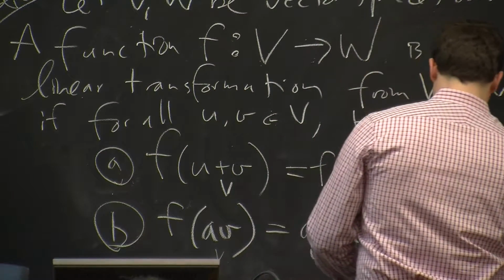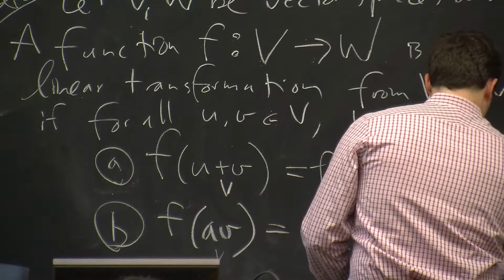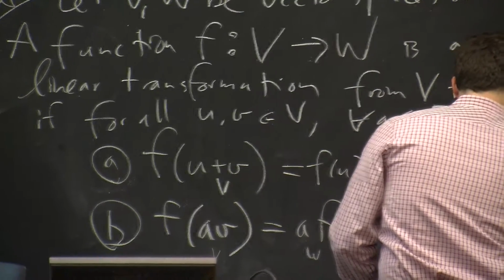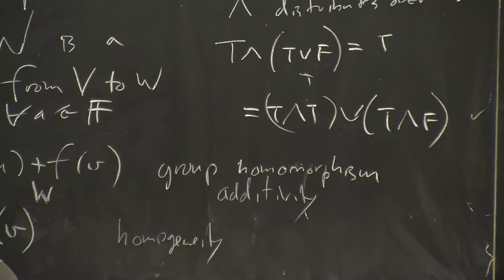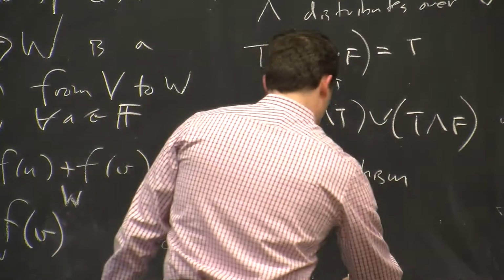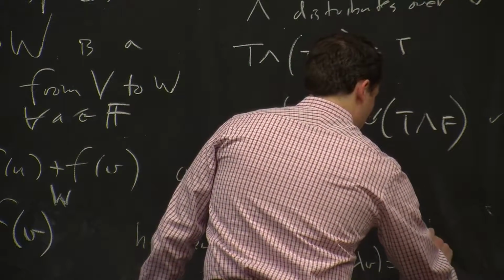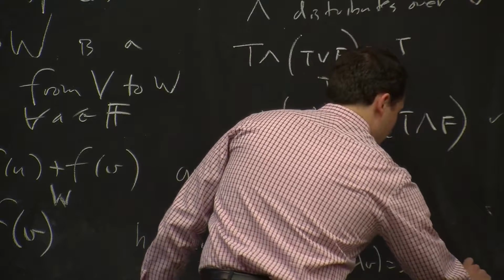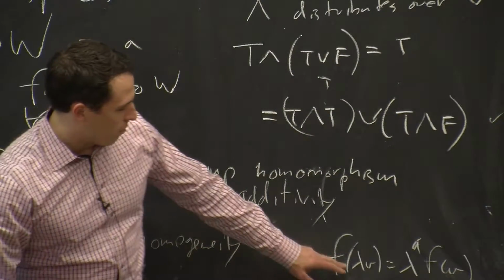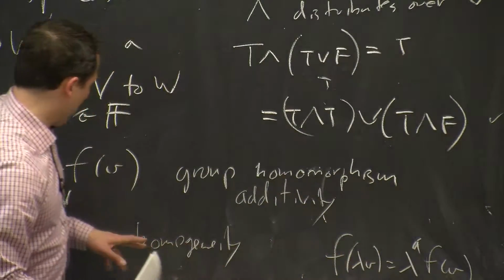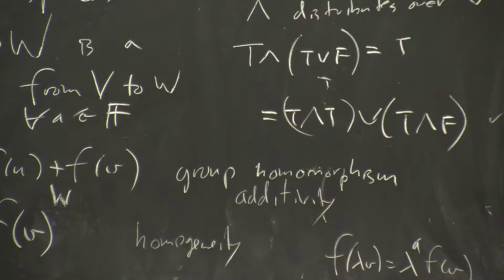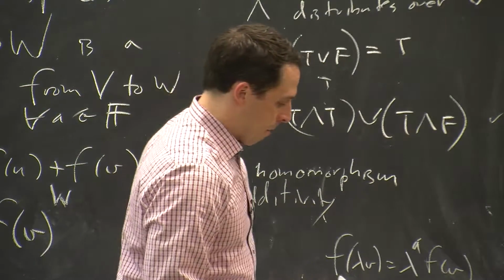And in your book, it's called homogeneity. It's homogeneity of degree. So sometimes people talk about, if f of lambda v equals lambda to the a, f of v, they would say that's a function which is homogeneous of degree a. So we're talking about homogeneous of degree 1. Can pull the scalar multiple through. Doing that on either side is perfectly valid.